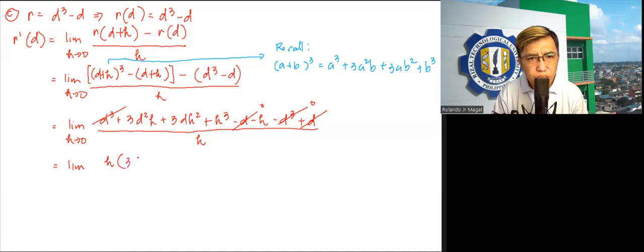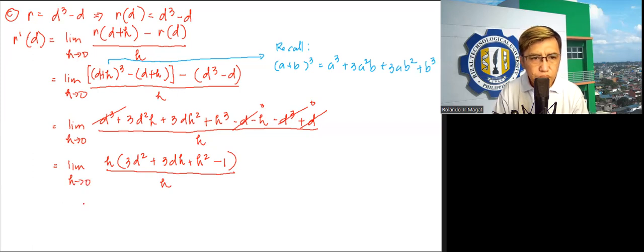So what I have here is 3d squared plus 3dh plus h squared minus 1 all over h, as h approaches 0. So what I have now is the limit. I can cancel out h now.